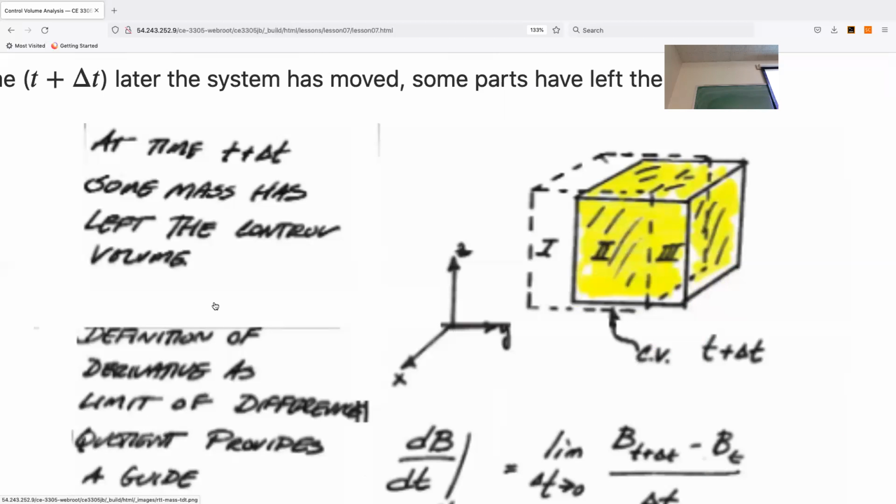Our gold cube has moved a little bit to the right, and you see our control volume has two identifiable parts, part 1 and part 2. Part 2, does that have any gold cube in it? Yes. How about this side of it? Yes. It has gold in it. And part 1 is now devoid of gold.